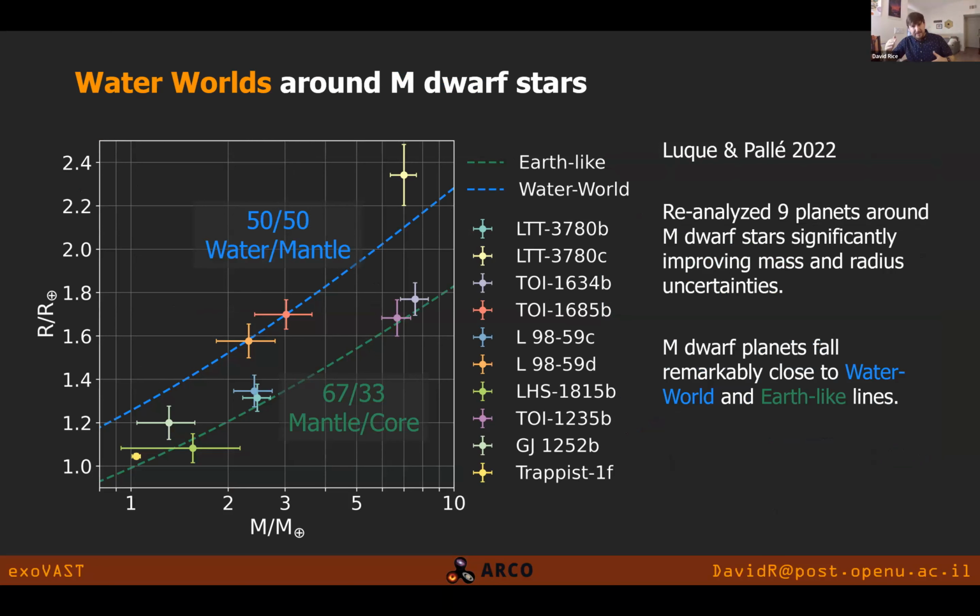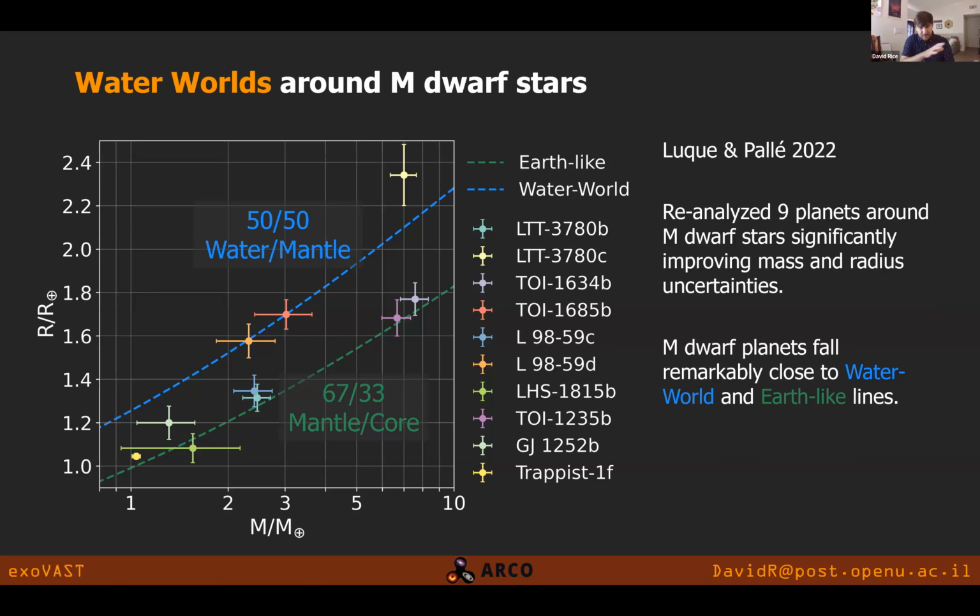And they found that they kind of lie on these two tentative, provocative lines, one line being a 50-50 water to mantle ratio, and one being a 67 to 33 mantle to core ratio, like the Earth. So an Earth-like line and a water world line. So these are those 9 planets with isocomposition lines from MAGRATHEA, a mass radius line here, along with TRAPPIST-1F. You can see how amazing the uncertainties on TRAPPIST-1F are.